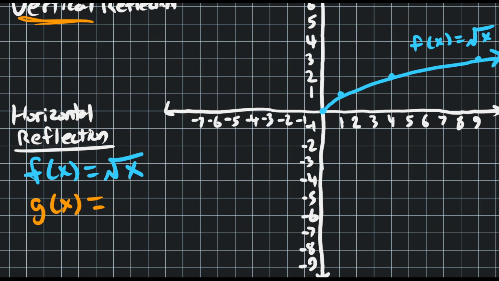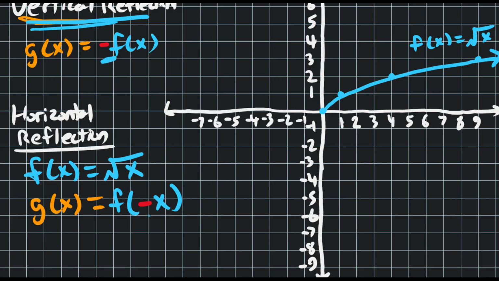It is simply going to be f of negative x. Remember, for a vertical reflection, to reflect across the x-axis, our g of x would have been negative f of x, so the negative would be outside the function, but over here the negative is part of the input for a horizontal reflection. So f of negative x.